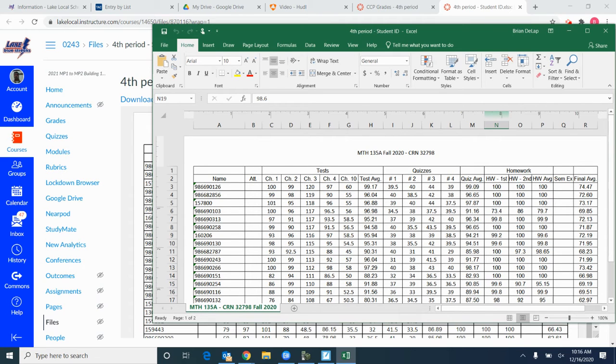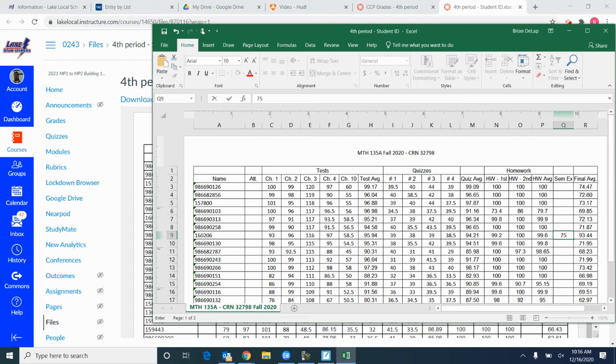So if I just pick right here and type in 85, and hit enter, it goes to 93.44. So at least you know. If you want to get the bare minimum to get the 90 A, you can keep figuring out.